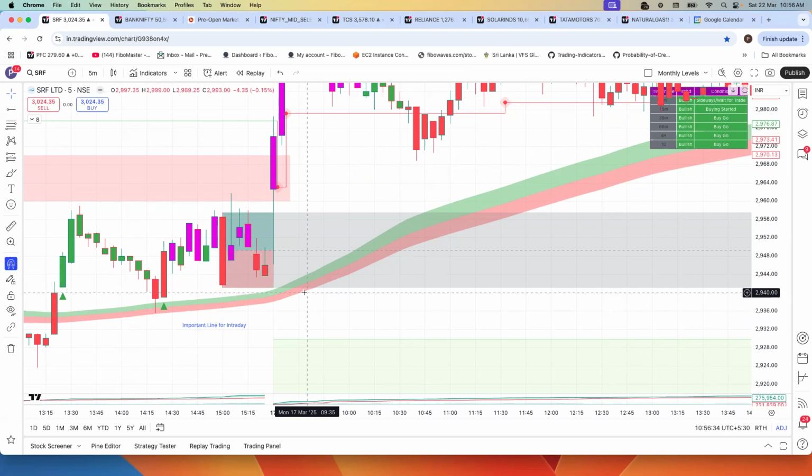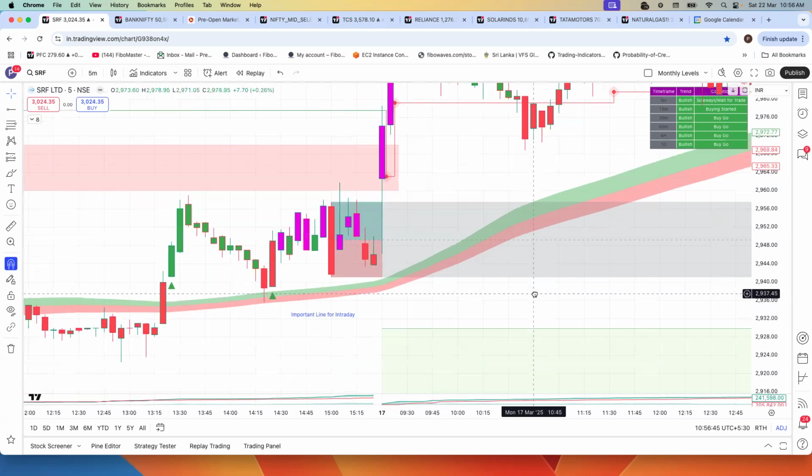And then it has to come back to the same position and follow the FiboWave theory. Got it? So that is what the first part of the extreme fabulous indicator is all about.